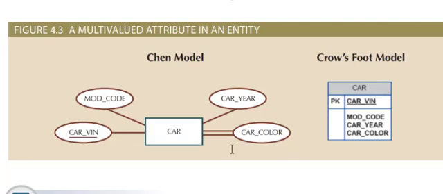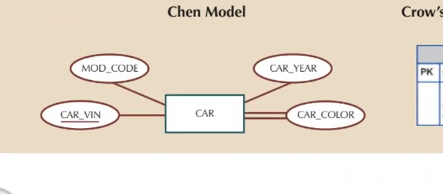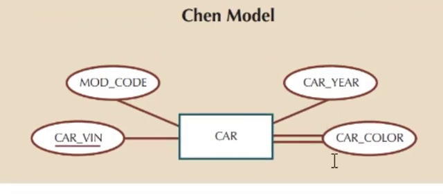So you can see in the Chen model, you identify multi-valued attributes using a double line. Crowsfoot model, hard to identify that. The solution is that's got to become another table with primary key here and another field identifying whether it's the interior of that car or the top of that car.